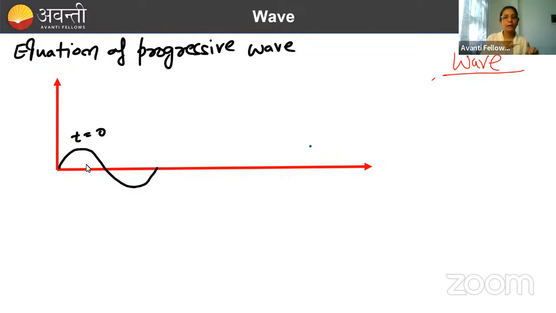First thing, there will be two types of waves: traveling wave and stationary wave. I will discuss how they are different, and then I will discuss velocities of traveling wave in different media, and finally SHM from wave.